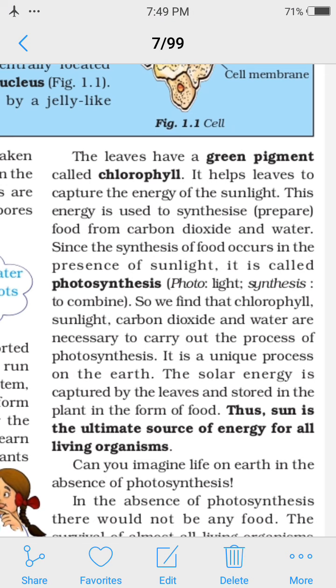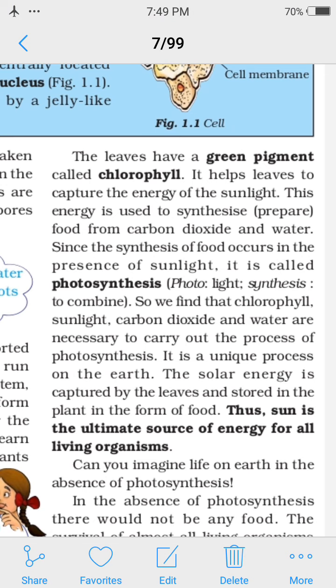All these things are required to prepare food, and when the sunlight is captured by the chlorophyll, using carbon dioxide, water and chlorophyll, sunlight, through this unique process the food will be prepared.